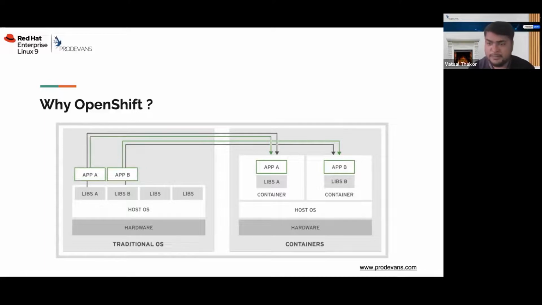But in a Kubernetes environment also, there are a lot of things which we have to manage manually. So that's where OpenShift came into the picture, with a number of different functionalities which allow us to manage our container workload very effectively, in an automated fashion. That's the reason OpenShift is booming in the market right now.